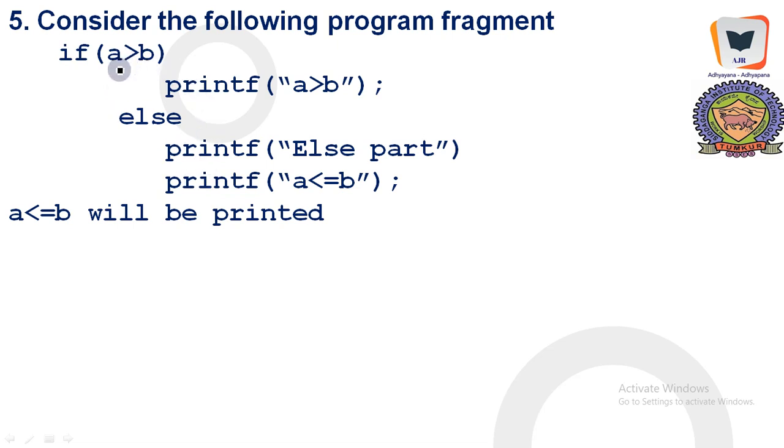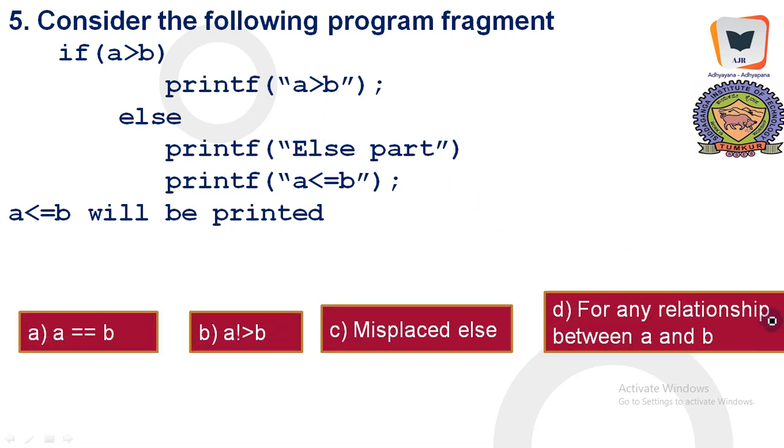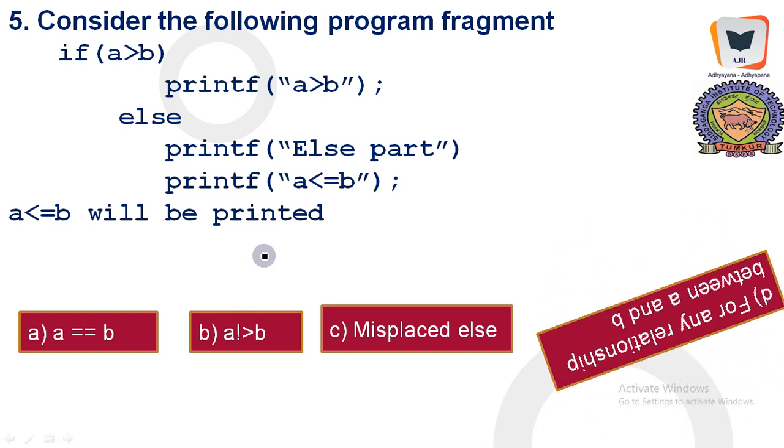Whatever may be the relationship between A and B, this particular printf will definitely be executed. Therefore, for any relationship between A and B, this A lesser than or equal to B will be printed.